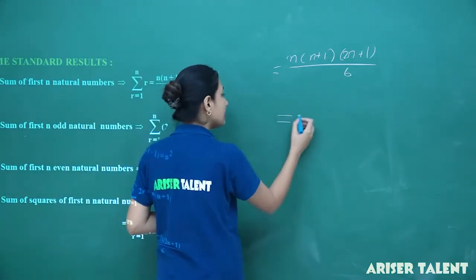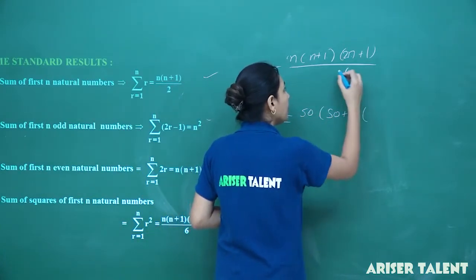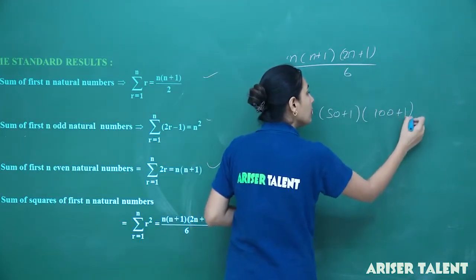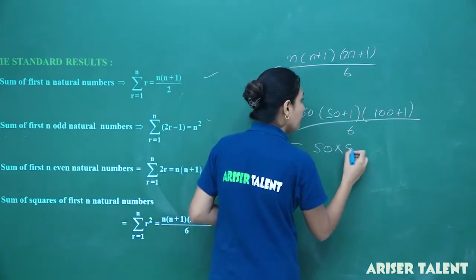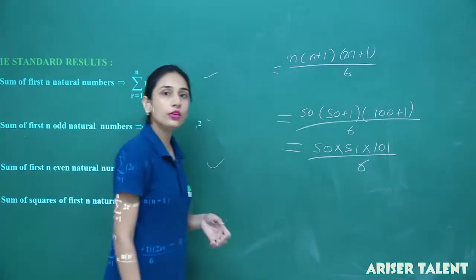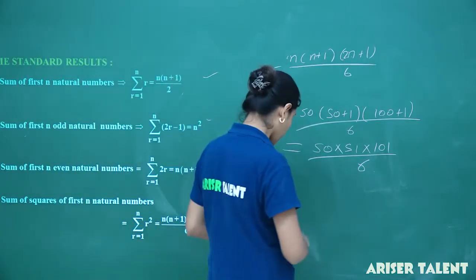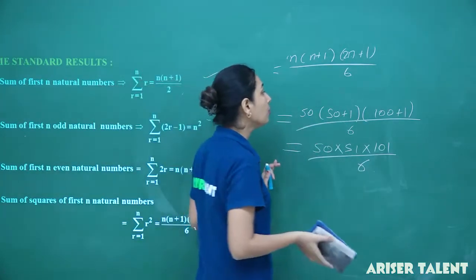That will consume less time. 50 plus 1, 50 multiplied by 2 is 100 plus 1, divided by 6. It will become 50, 51, 101 by 6. From here you can easily calculate the formula, right? So, these are the ways that can work well for you.